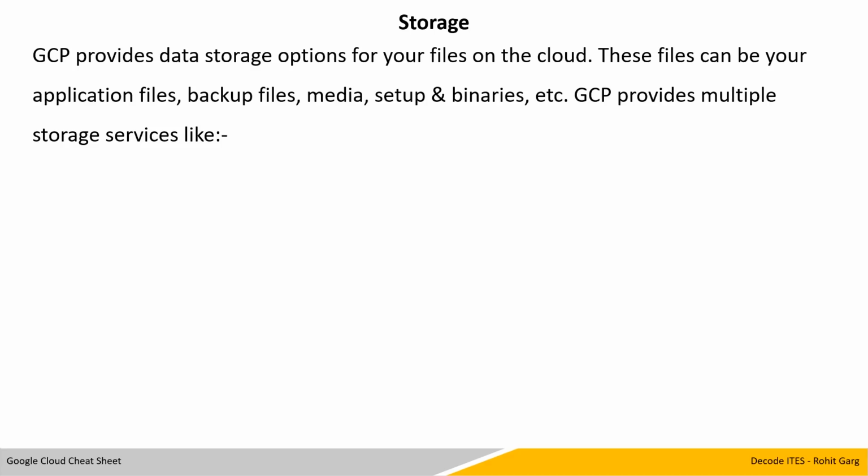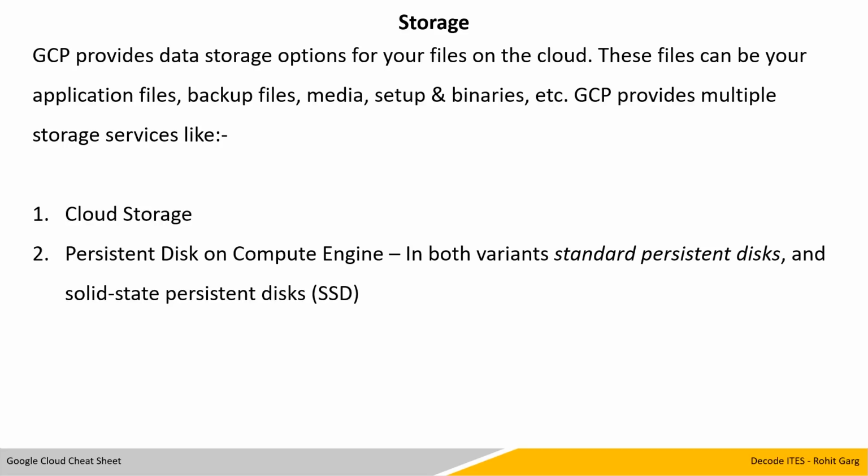Next is the storage service. GCP provides data storage options for your files on the cloud. These files can be your application files, backup files, media, setup files, or binaries. GCP provides multiple storage services like Cloud Storage, Persistent Disk on Compute Engine in both variants, standard persistent disk or solid state persistent disk.